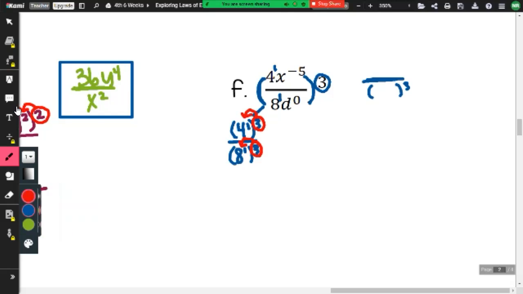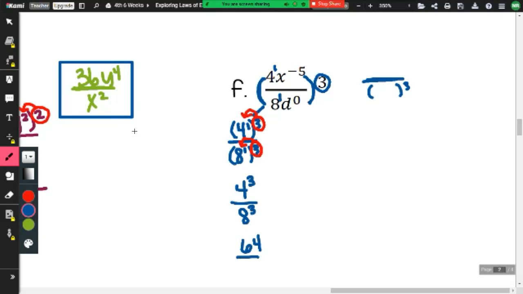Okay, so I'm going to grab that 3 and I'm going to do what with it? Multiply. And 1 times 3 gives me 3. So at the top, we end up with 4 cubed. At the bottom with 8 cubed. Both the base and the exponent are numbers. So can we continue? And what is 4 cubed?